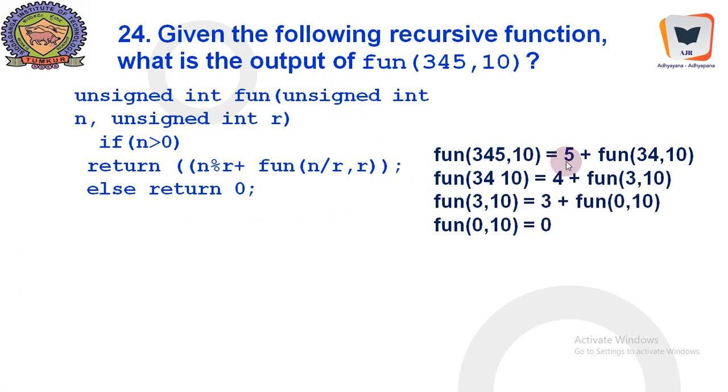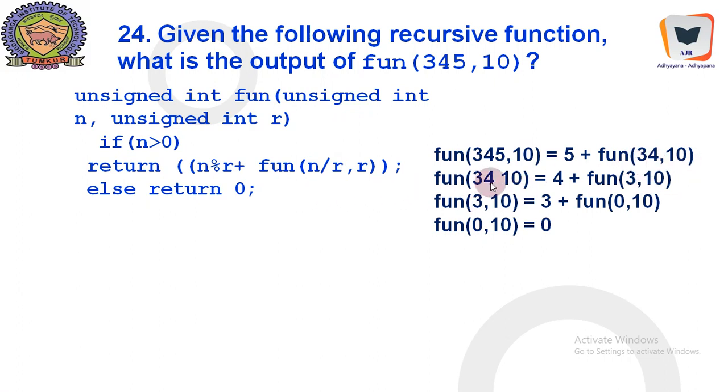Function 345, 10: 345 mod r, r is 10, therefore it has to give us 5. Modulo division should return 5 and function 34 comma 10, because 345 divided by r will become 34 comma 10.